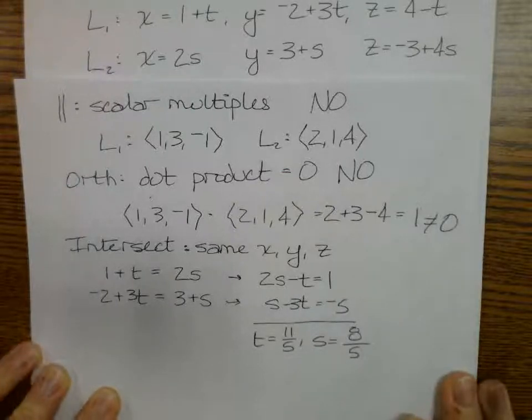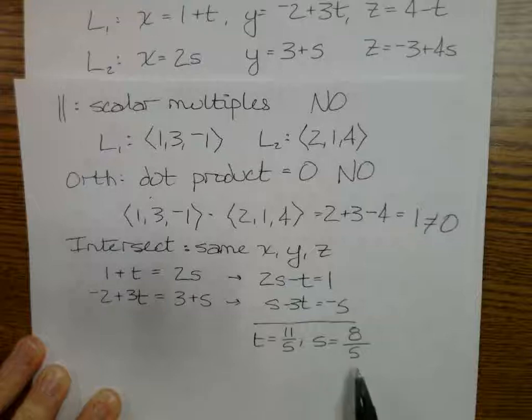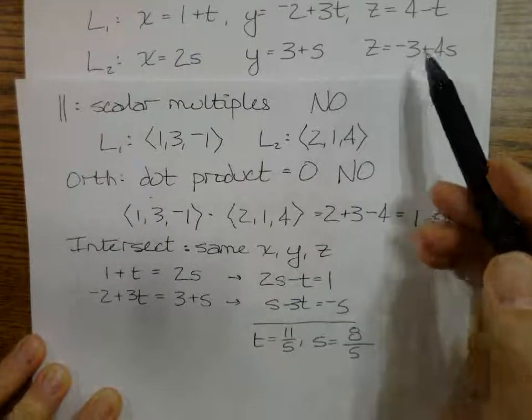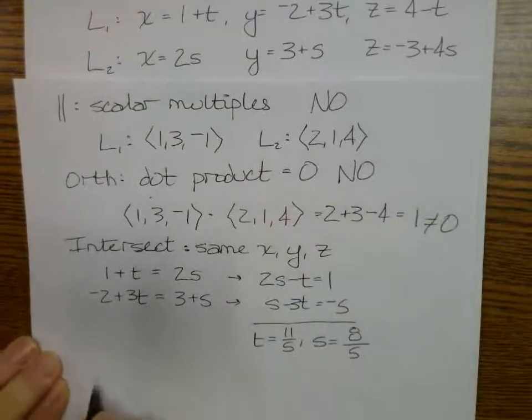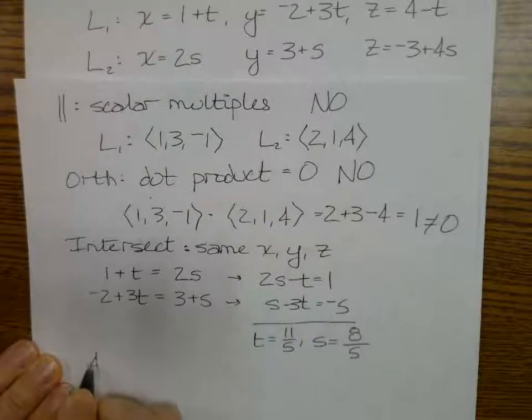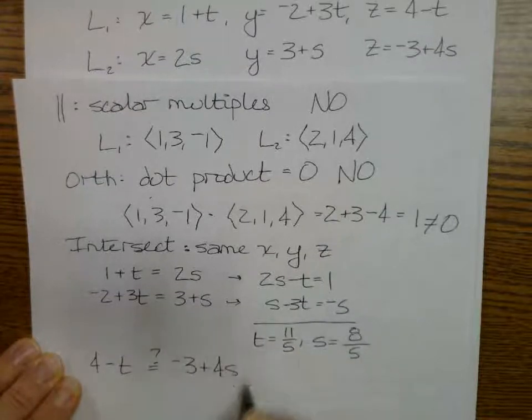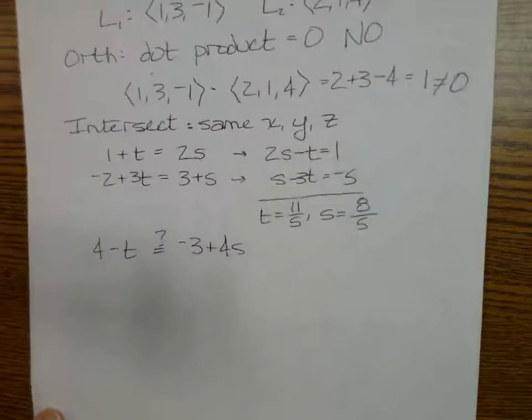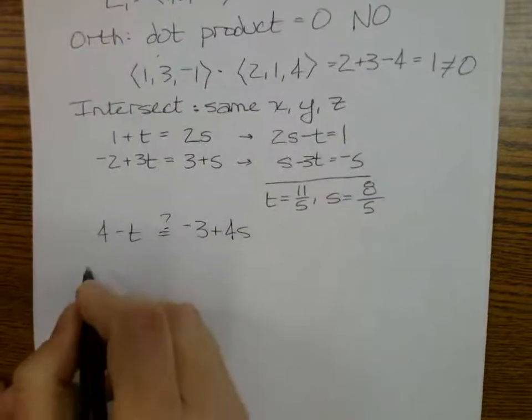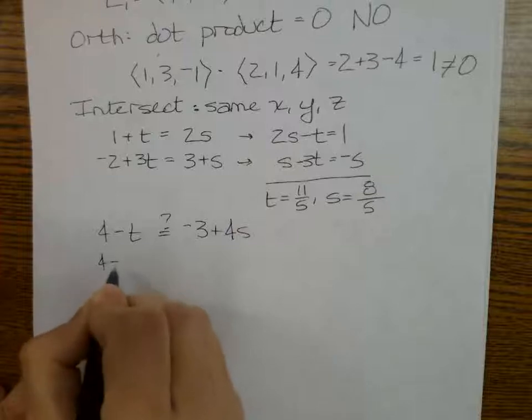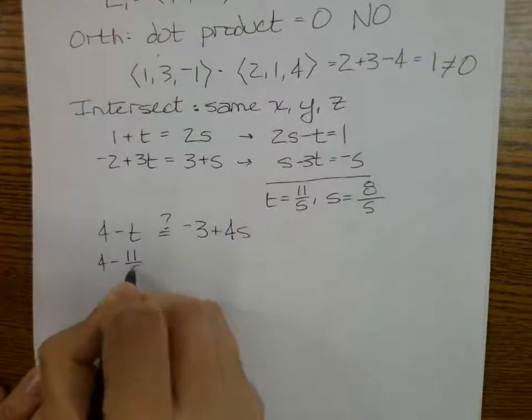Now the question is, when x and y are the same, is z also the same? So now I've got to try 4 minus t and see if it equals -3 plus 4s with these values of s and t. Let's find out. 4 minus 11/5.